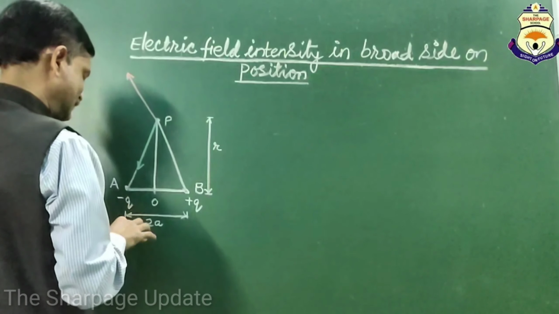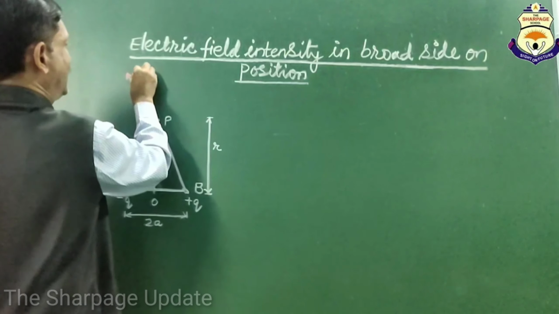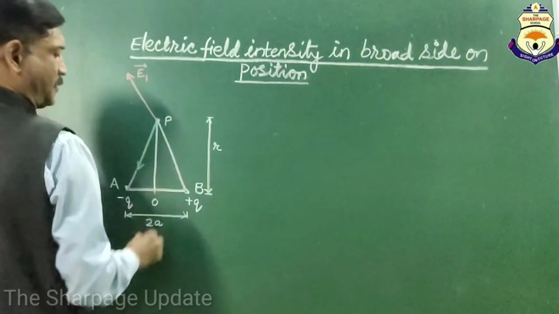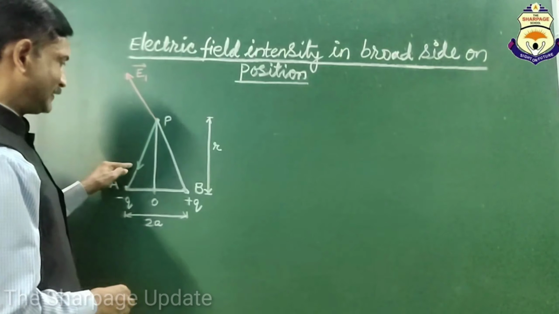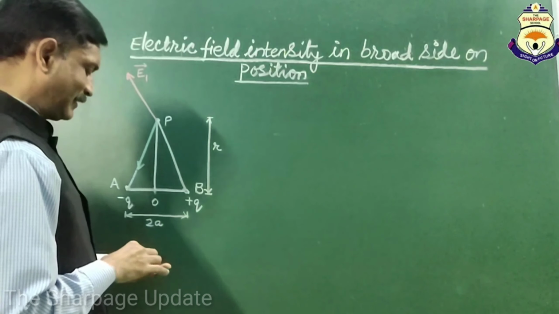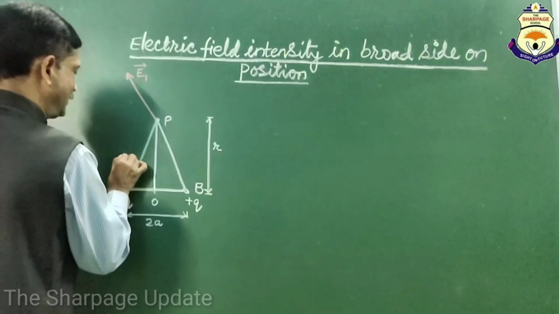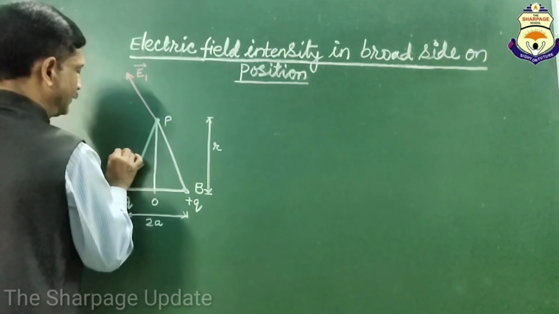So this direction represents the electric field intensity E1 due to plus Q charge, and this direction represents the electric field intensity due to the minus Q charge, represented by E2.